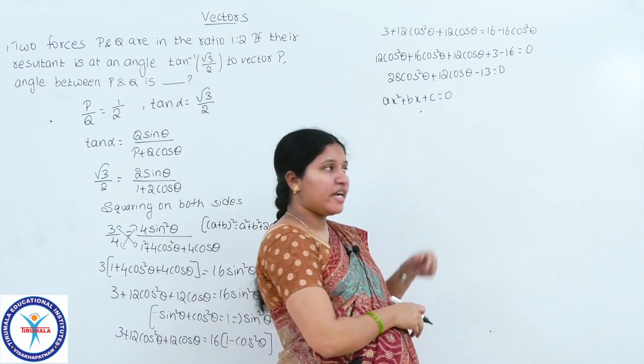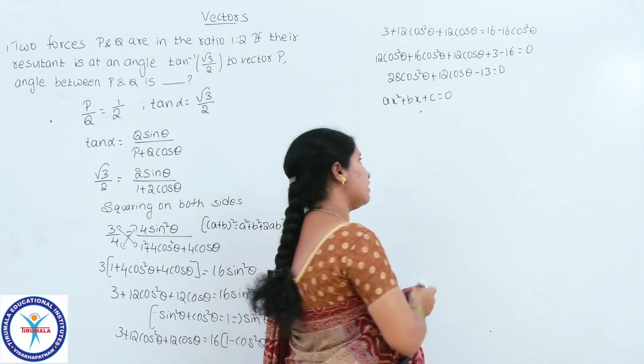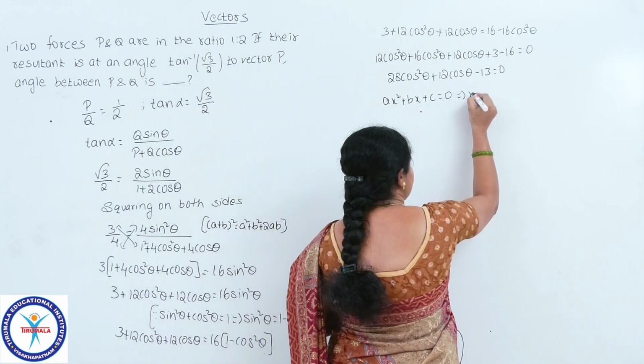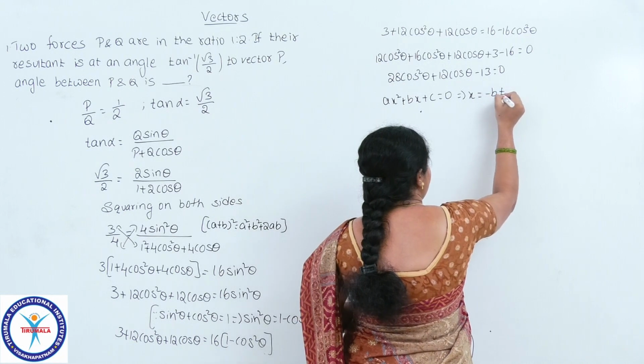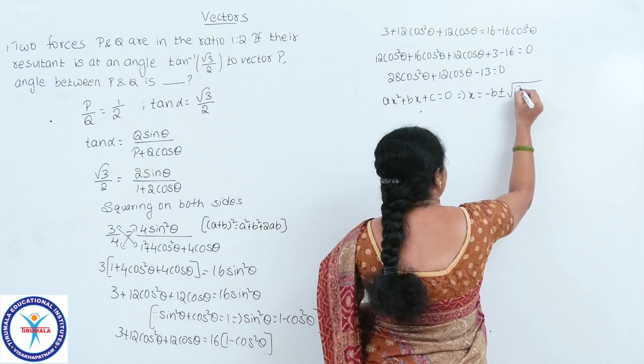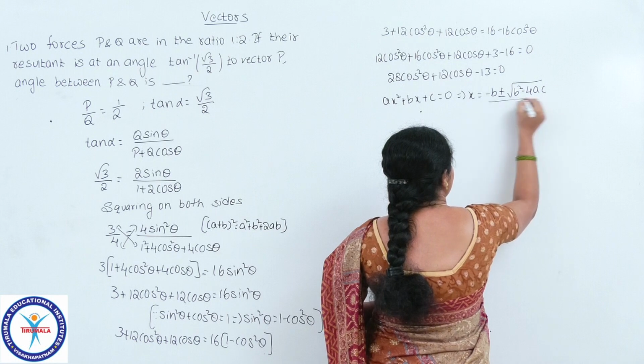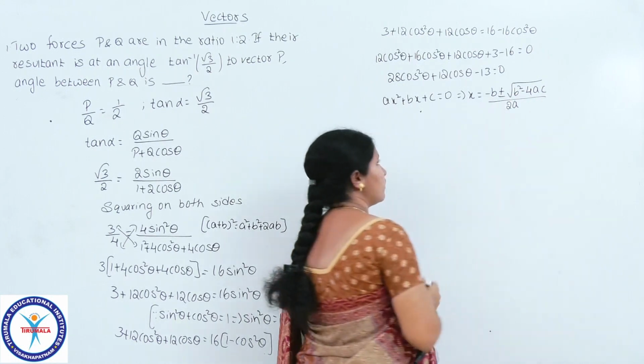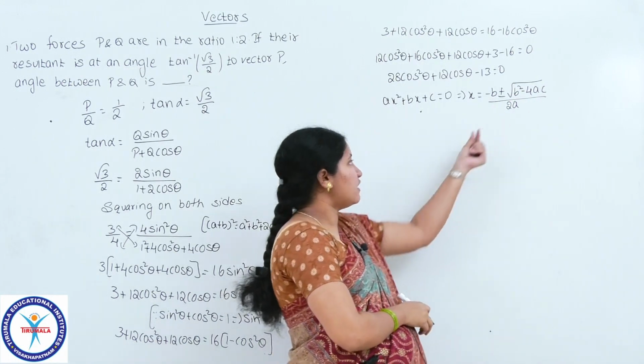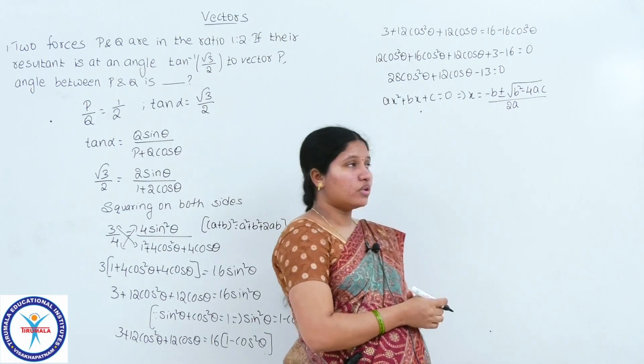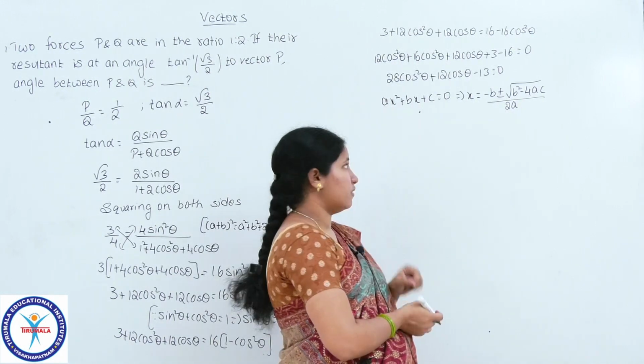So how do we find the roots of this quadratic equation? We have a formula, x equals minus b plus or minus square root of b square minus 4ac, by 2a. Similarly, using this formula, let us find the value of cos theta.